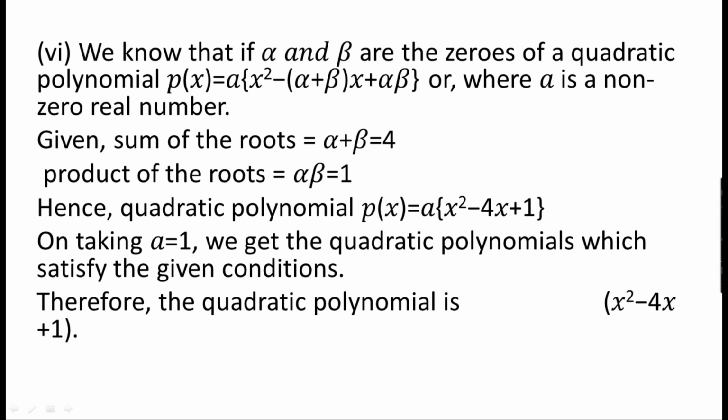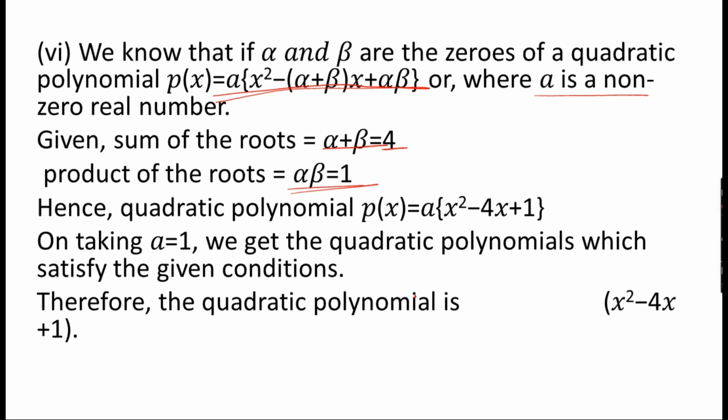We know that alpha and beta are the zeros of the quadratic polynomial. Here our general equation of the quadratic polynomial is like this, where a is a non-zero real number. The sum of the roots alpha plus beta is 4, and the product of the roots alpha beta is 1.